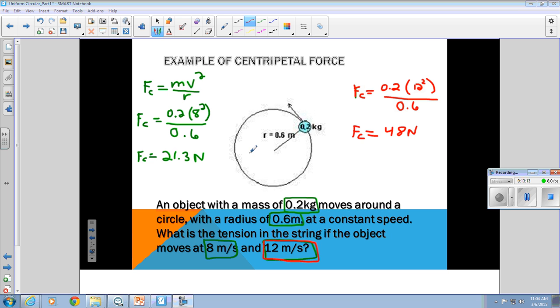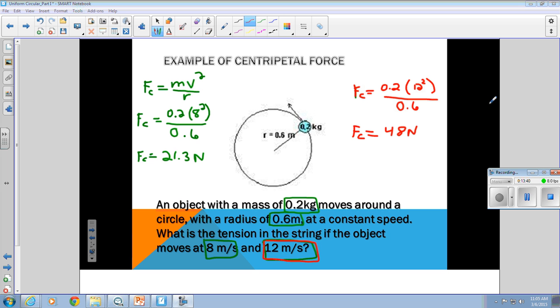And please note that the relationship between the force and the velocity is going to be a parabolic relationship. So if we increased our velocity by, say, a factor of 2, our force would increase by a factor of 4. You can do that real quick by making this 24, and what's going to happen to the force? The force should increase by a factor of 4 if the velocity increases by a factor of 2.